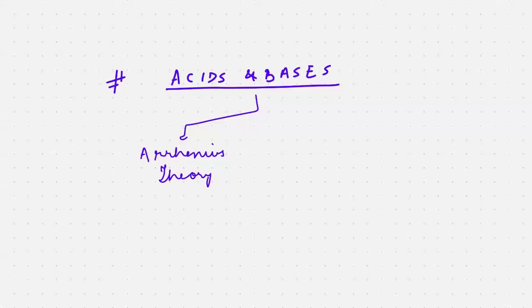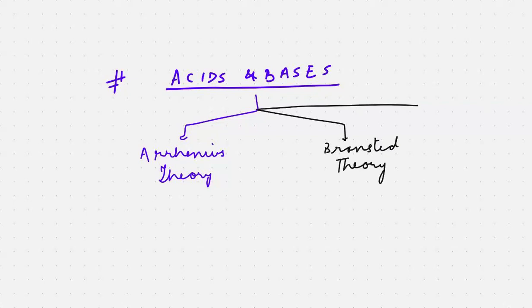Awesome. Thank you. So we have the Arrhenius theory, and then we have the Bronsted theory. And then we have the Lewis theory. All right.